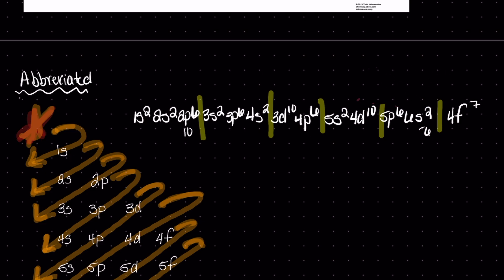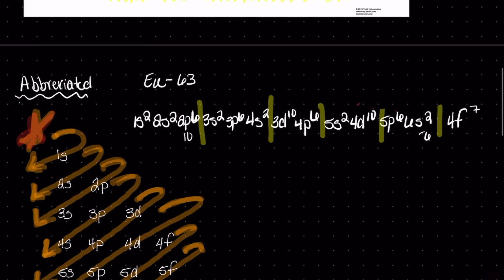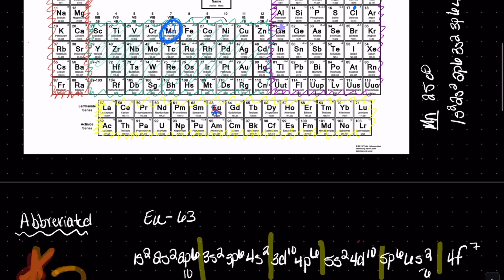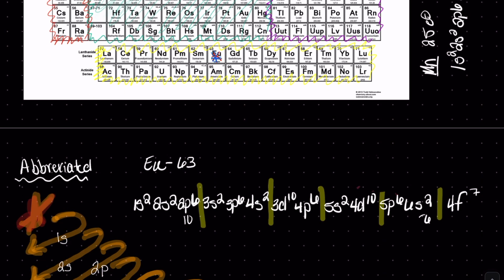So I know all of that is europium, Eu. And europium has 63 protons with 63 matching electrons. So I just use my noble gas configurations as a jumping off point.